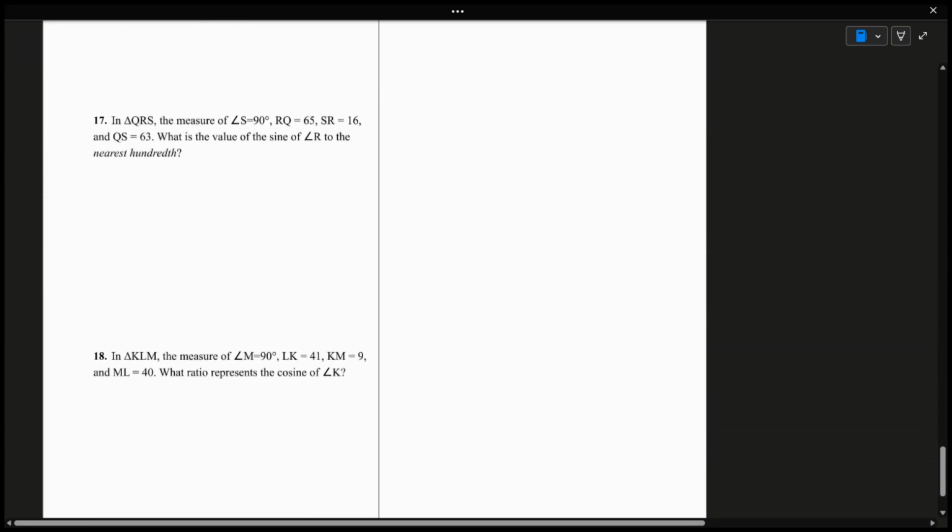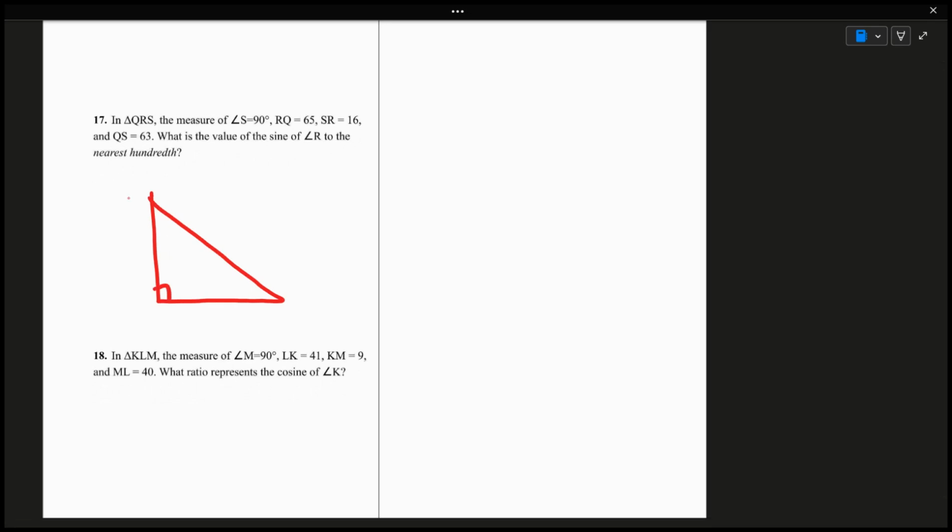These last ones, draw a picture. QRS, the measure of angle S is 90, so that's the S. I guess Q and R then are interchangeable.